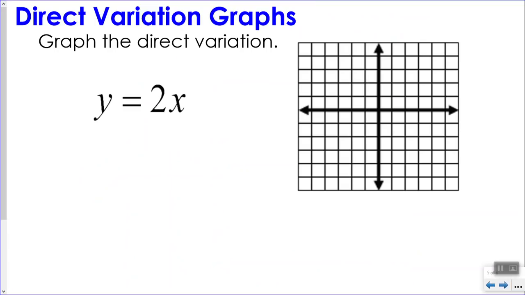Right, so when we want to graph direct variations, for right now we're going to use a table. And just the same way as we graphed function rules before, we want to make sure that we get a good representation of what this picture looks like. So you can use your graphing calculator. If you forget how to graph, remember we start by going to the y equals screen, we type in our equation, and then we hit graph to see what this looks like.